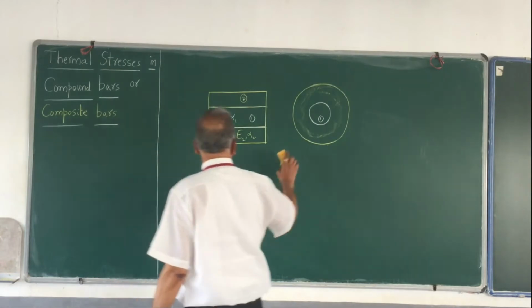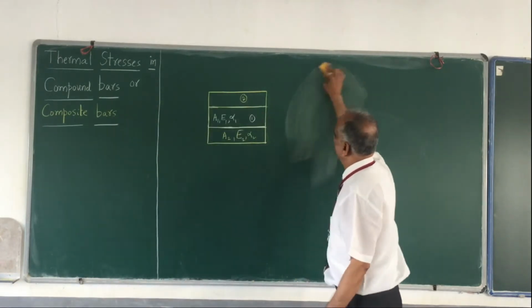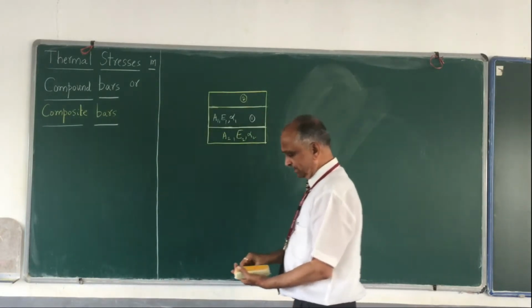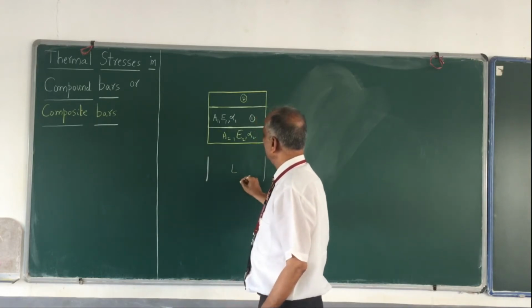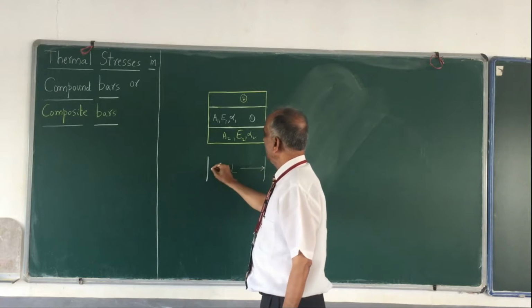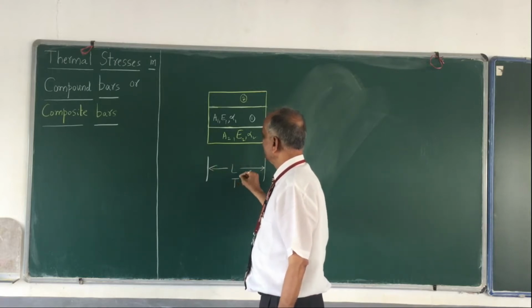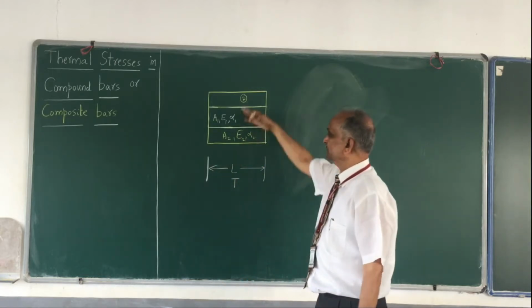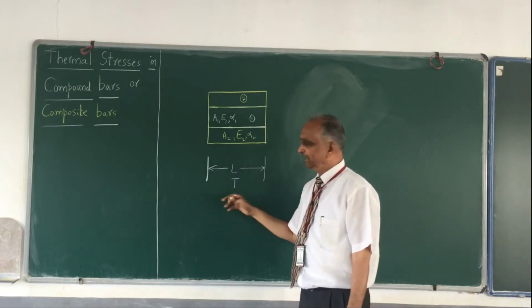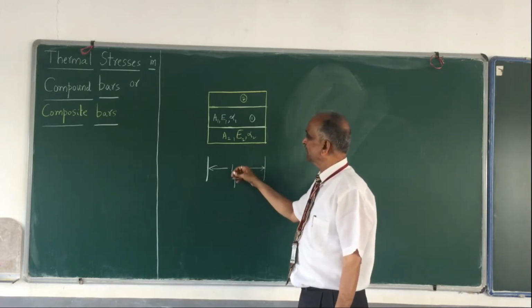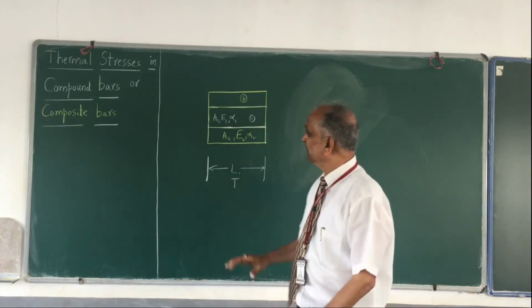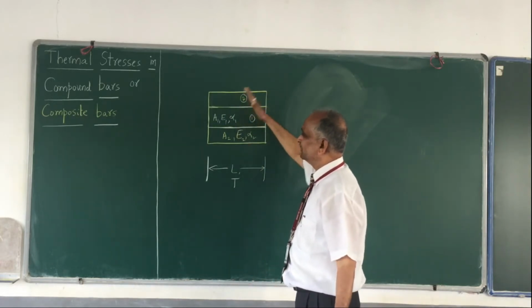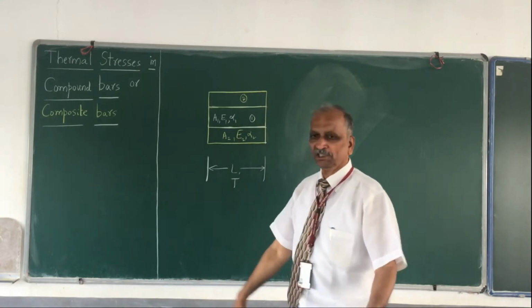And I know the length of this bar. Let me assume that this is the length of the bar, let me call it L, and this is at a temperature T. At a temperature T, its length is L, and it is perfectly alright. How they join, how this kind of bar is made and how they are attached between the two, we are not going into the details of that.